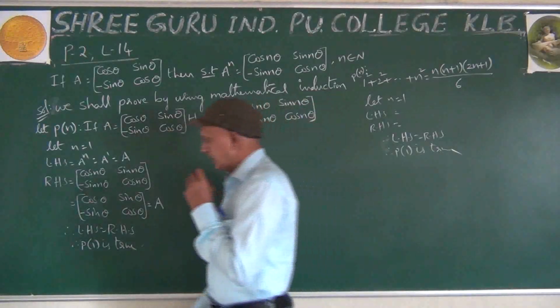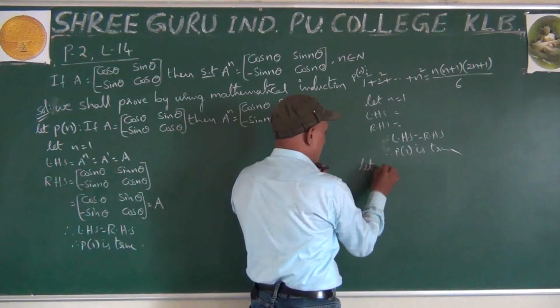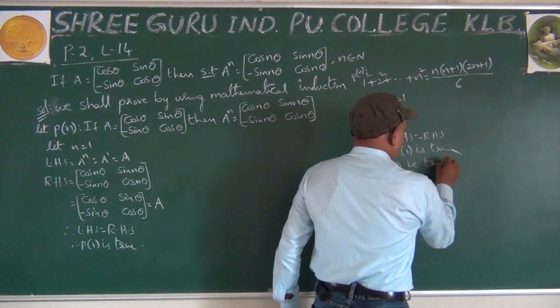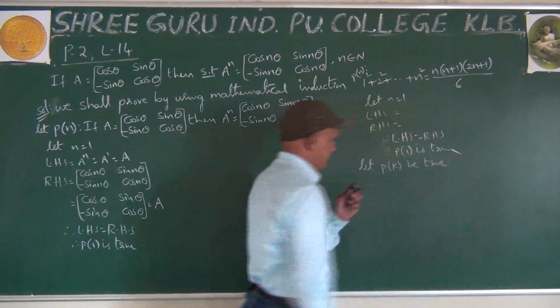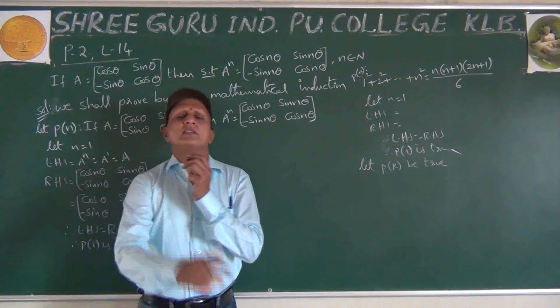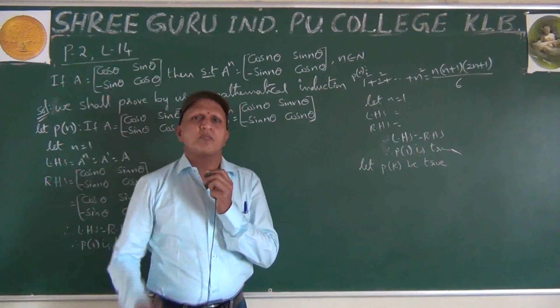Right? Next, what we do here? Let P of k be true. Otherwise, let P of n be true for n equal to k.